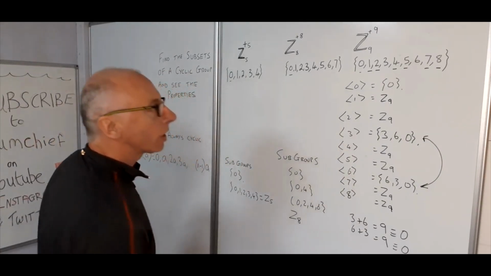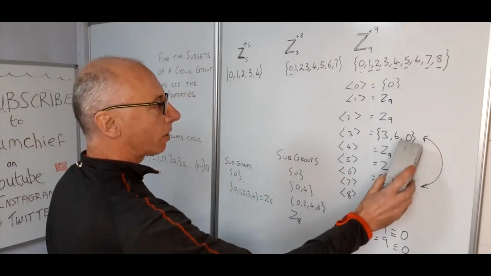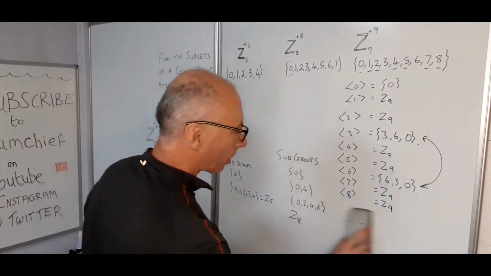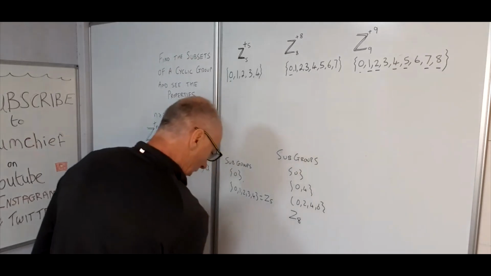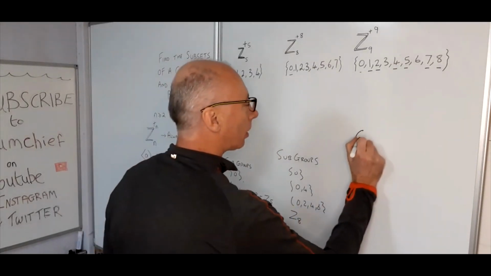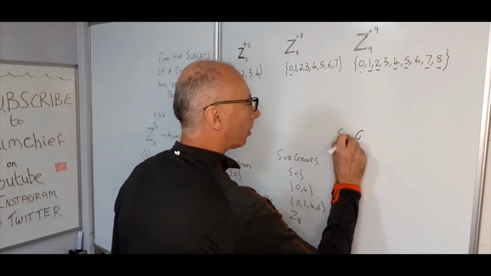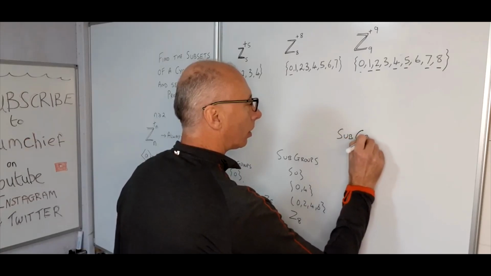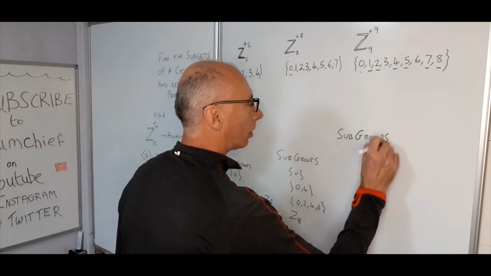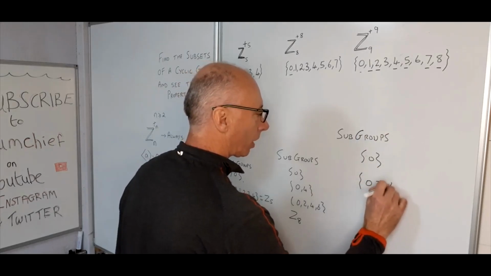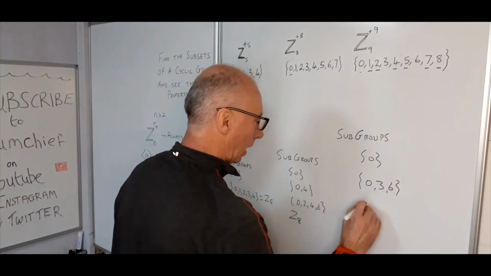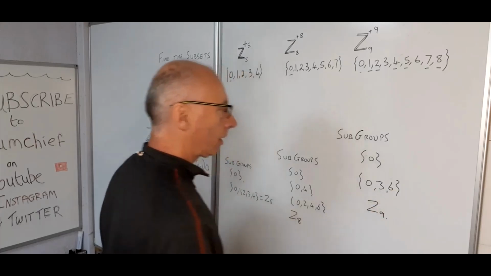The subgroups are all we've got here: {0}, {0, 3, 6}, and then the group Z9 itself.